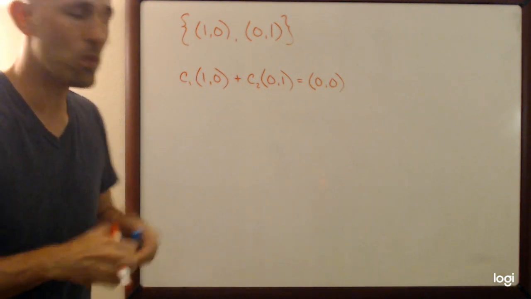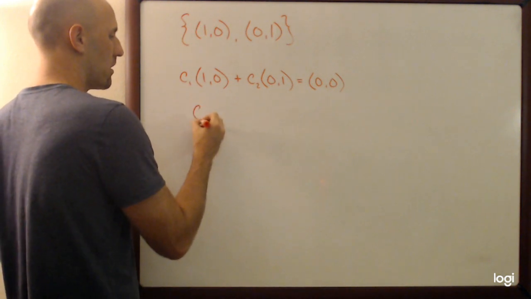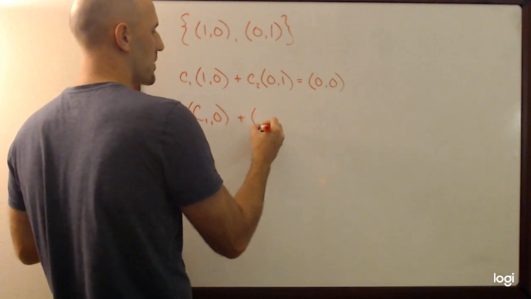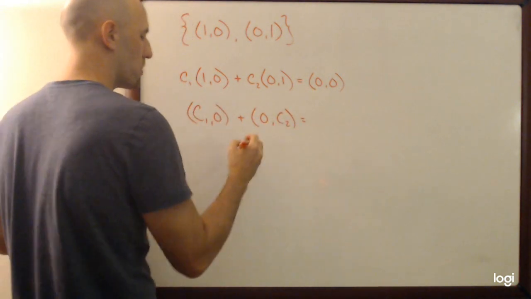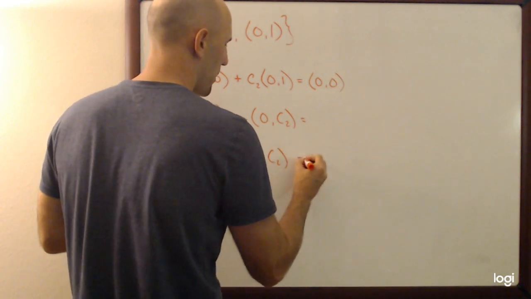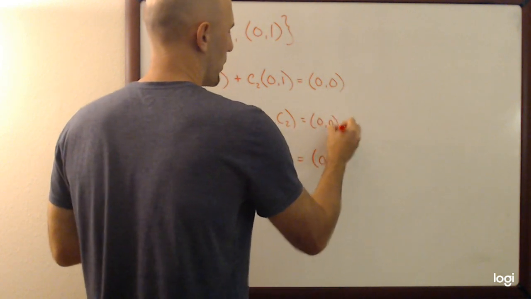Is that true? Well, we can find out. Multiply these two things together. I get (c1, 0) plus (0, c2). Let me add these component-wise. You get (c1, c2), and I have (c1, c2) is equal to the 0 vector.